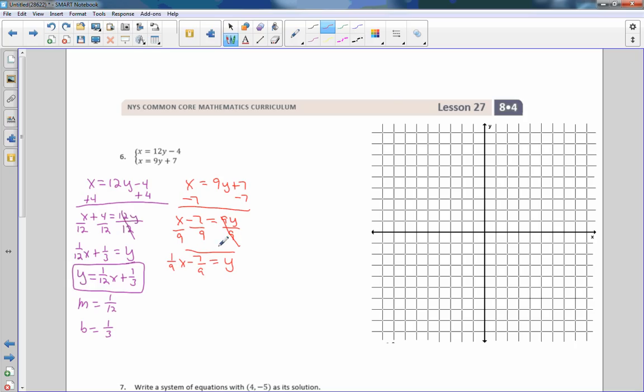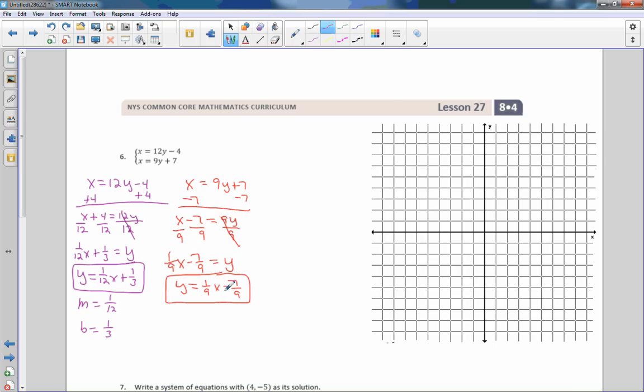So there's my equation. Actually, let me rewrite that. So I'm going to rewrite this as y equals, I'm just switching sides of the equation. Reflexive property. Okay, so there it is, y equals 1/9 x minus 7/9.